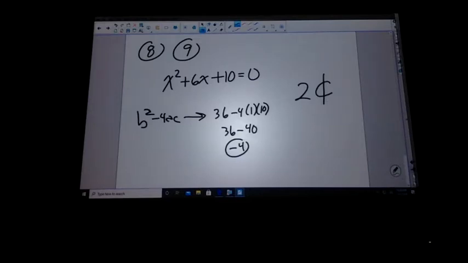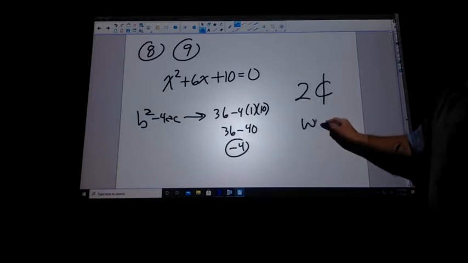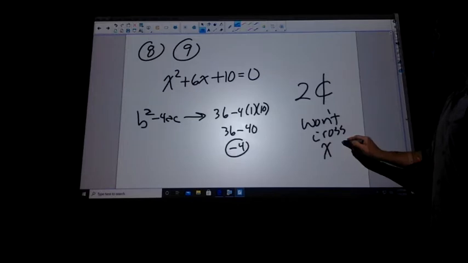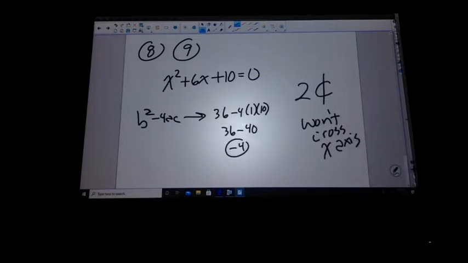No. Okay, so 8 and 9 are both multiple choice. Problems 8 and 9 have 9 choices in which there are 3 correct answers, meaning you need to choose all 3 correct answers. So on this one, we'd be looking for the discriminant's negative, there are 2 complex solutions, and it won't cross the x-axis.